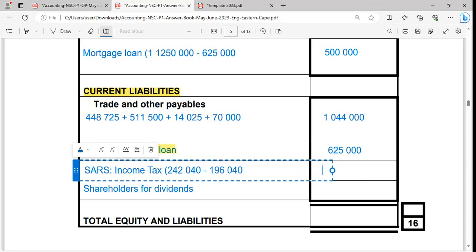There is a SARS payable balance of how much? On the calculator, when I press this, it gives 46,000. We are still owing SARS 46,000. What we paid is short because we paid less while our tax was more. So we are still owing SARS.